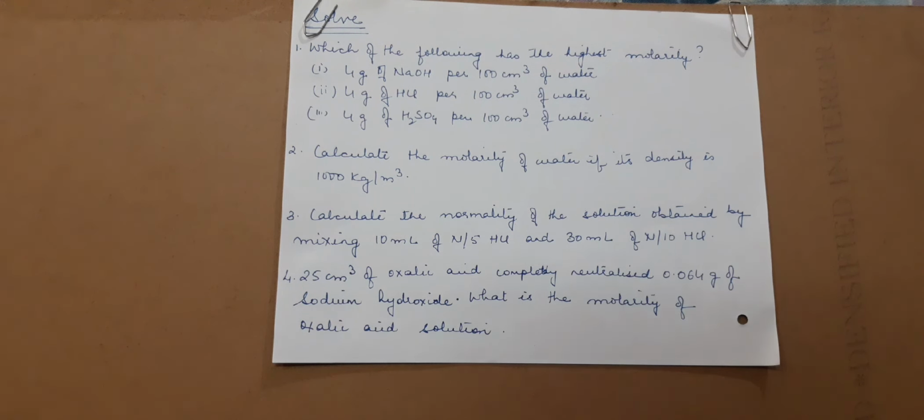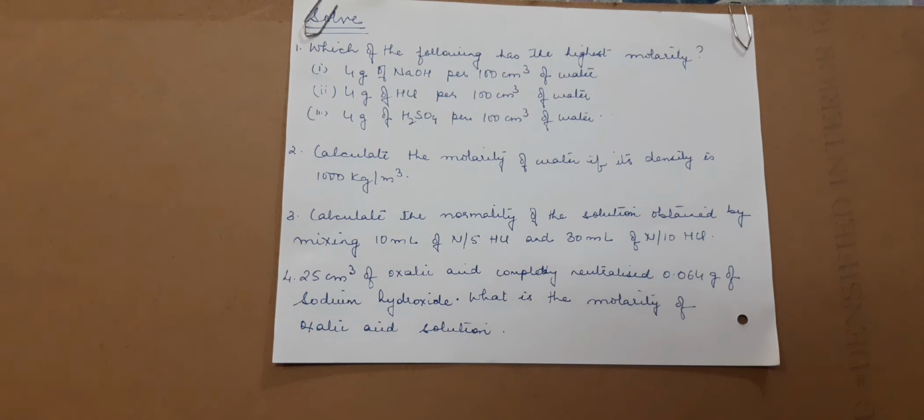Third, calculate the normality of the solution obtained by mixing 10 ml of N by 5 HCl and 30 ml of N by 10 HCl.